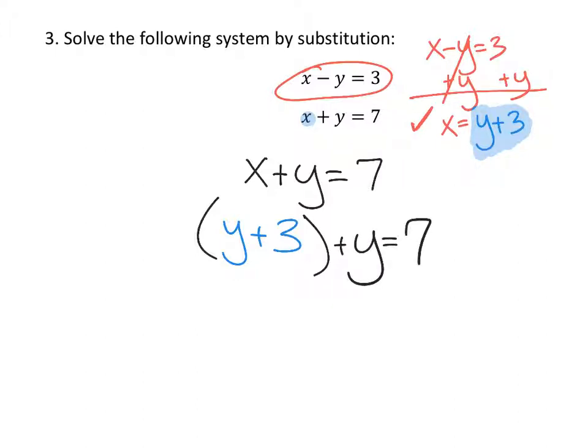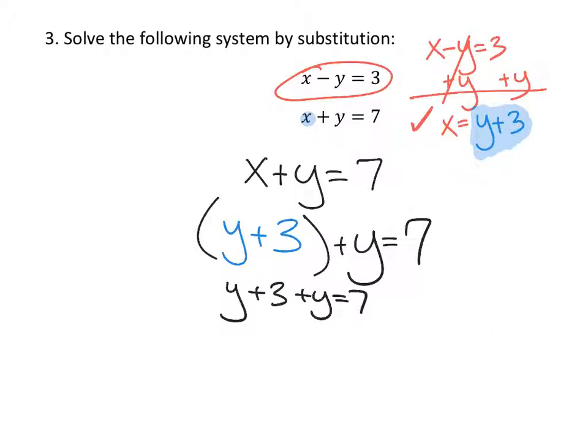That's the substitute step. Now, the parentheses are kind of useless in this question, because is there a number in front of those parentheses? No, there's not even a -1. It's just a straight up 1. So if I were to distribute a 1, nothing would change. So really, we can just write this equation over again as y plus 3 plus y equals 7.